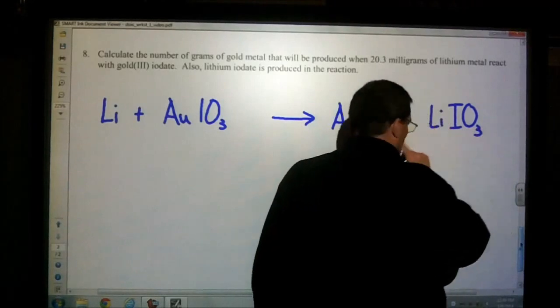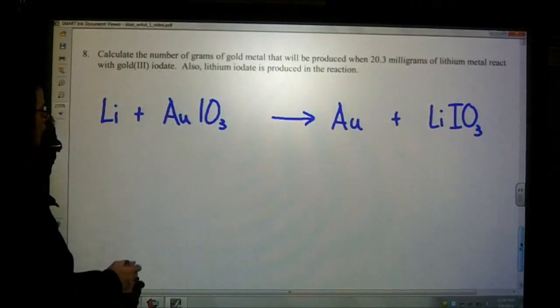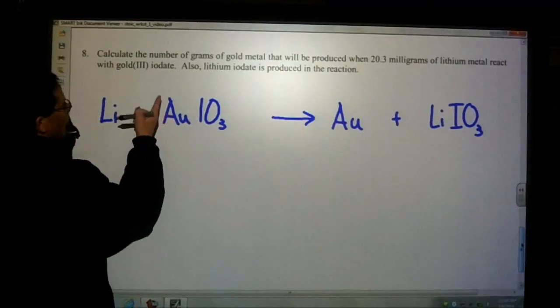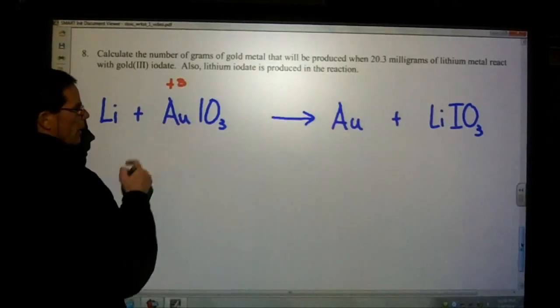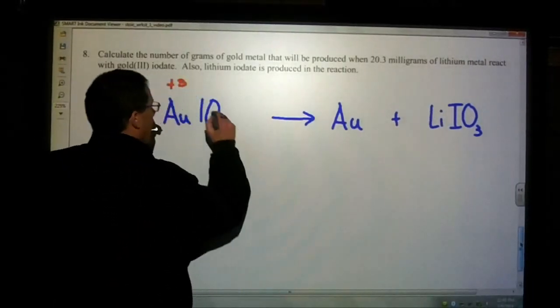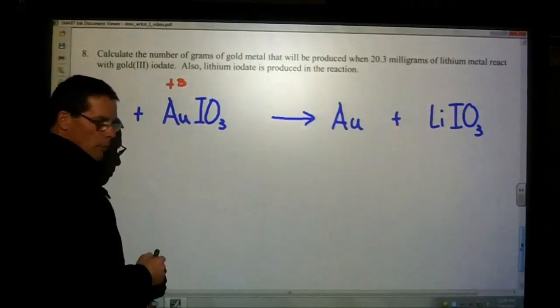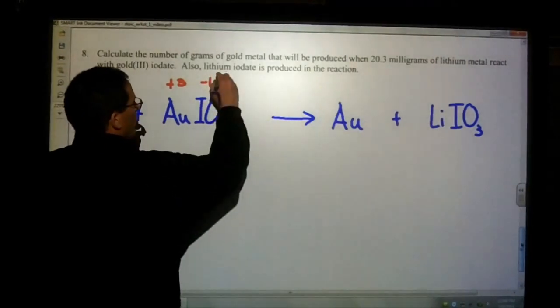All right, so we have some polyatomics in here, so let's balance some charges. Don't care about lithium because it's all by itself. What's the charge on gold? It has a Roman numeral 3, so that means it's a +3 charge. Iodate, one of your 10 polyatomics, has a -1 charge. So that means we need 3 of these.